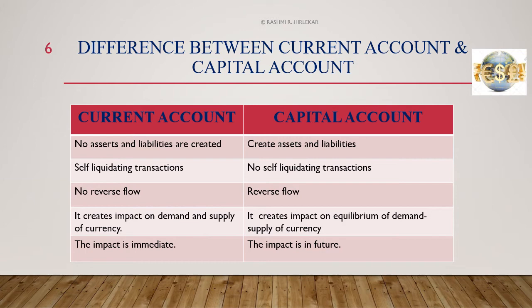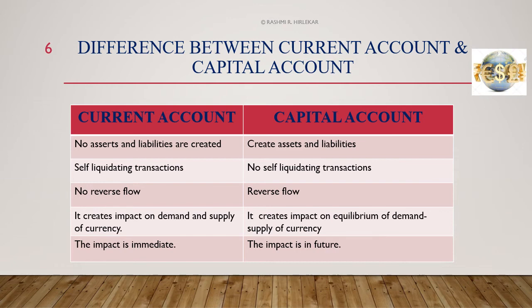The nature of transactions of current account are self-liquidating, whereas transactions recorded in capital account are not self-liquidating. In current account, transactions do not create reverse flow, whereas in capital account, transactions create reverse flow.